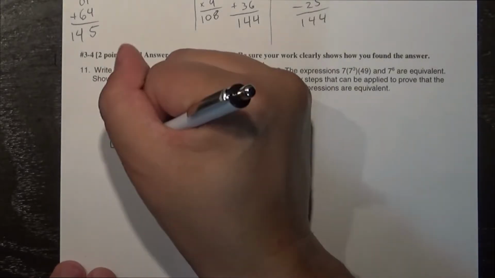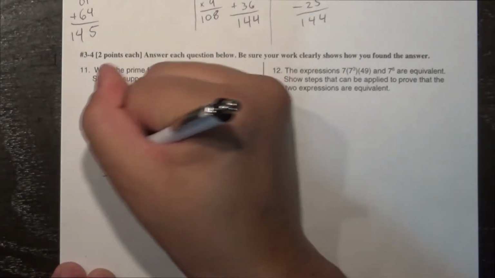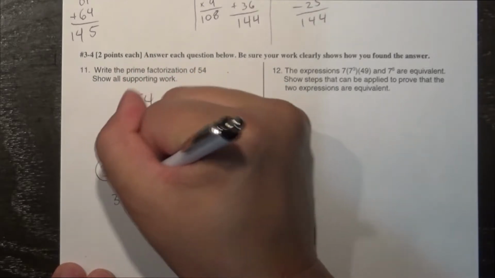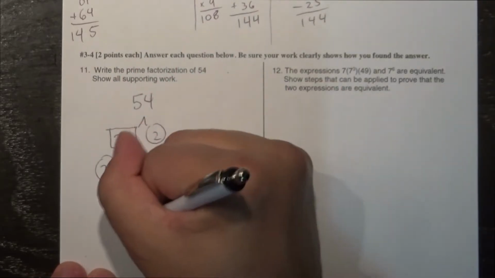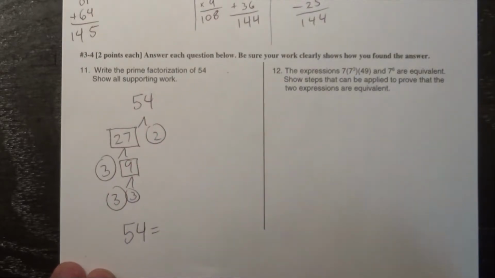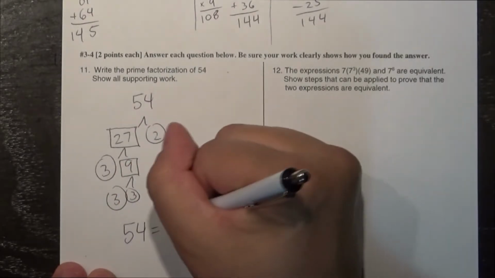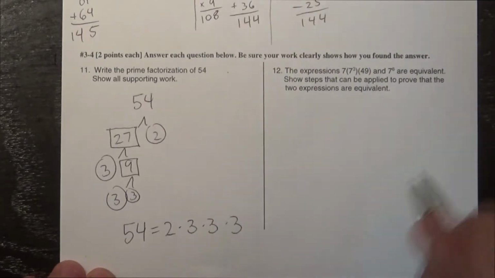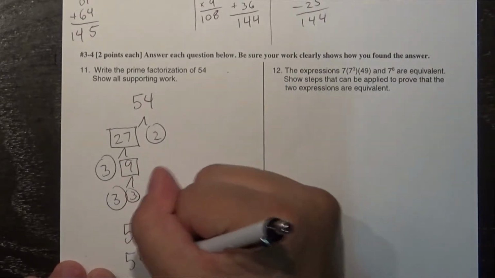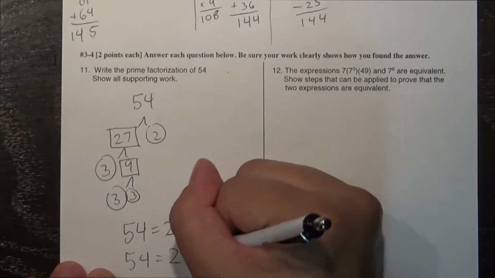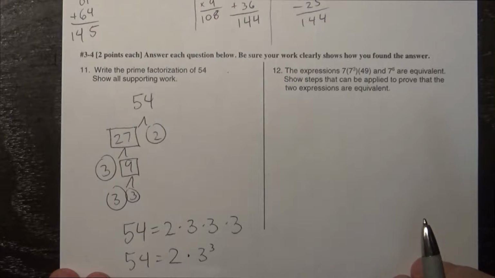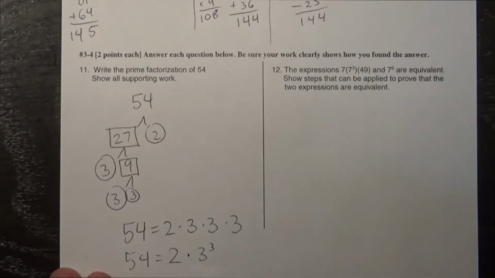For 27, I'll say 3 times 9. 3 being prime, 9 being composite. 9 breaks down into 3 times 3. So the prime factorization of 54, I could say 54 equals 2 times 3 times 3 times 3. Now it's also possible for us to write this with an exponent and say 2 times 3 to the 3rd power. Again, we just list them in numerical order. Pretty simple. We just use a factor tree.